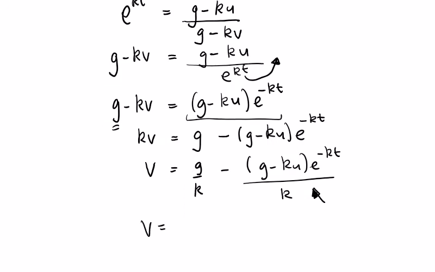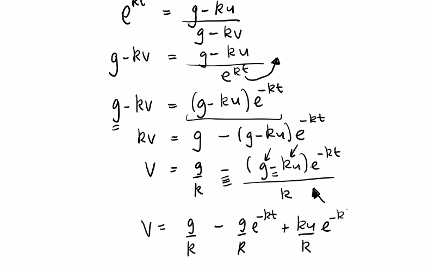So we get v is equal to g over k minus g over k, both of these by e to the power minus kt, and we'll factor it back in a minute. So g over k by e to the power minus kt, and we have a minus here and a minus here, so it's going to be plus ku over k times e to the power minus kt.